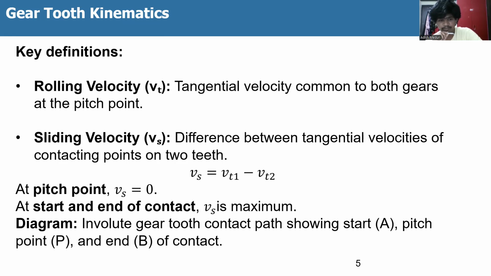At the pitch point, Vs equals 0. At the start and end of contact, Vs is maximum. Diagram: involute gear tooth contact path showing start A, pitch point P, and end B of contact.